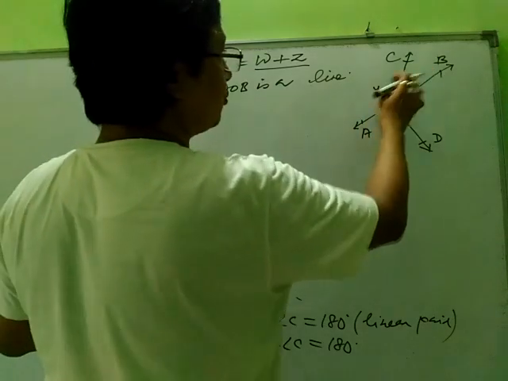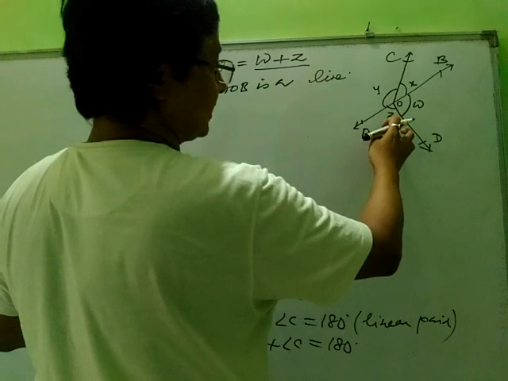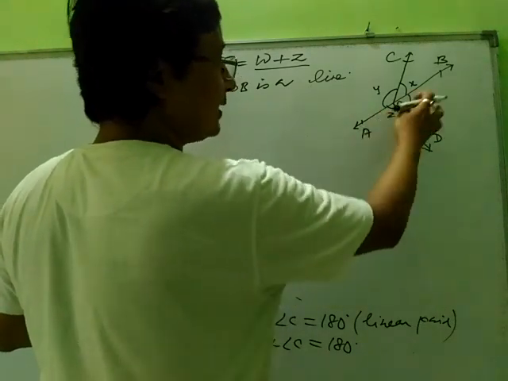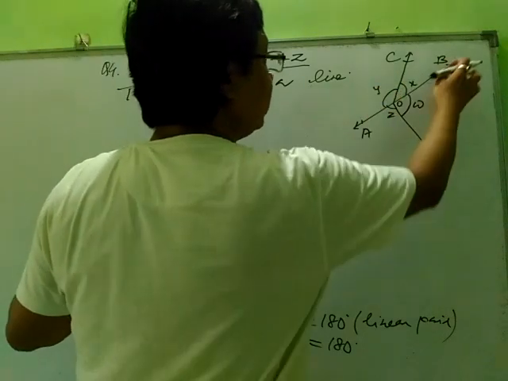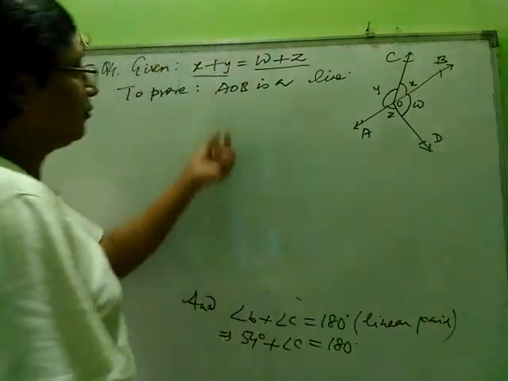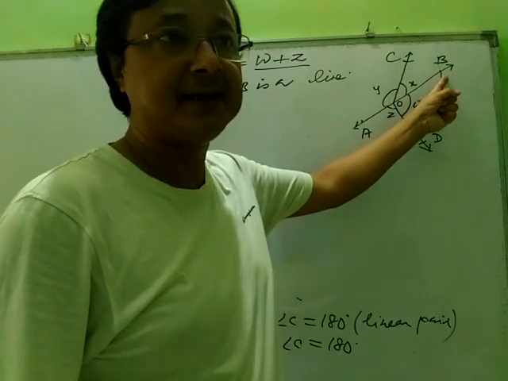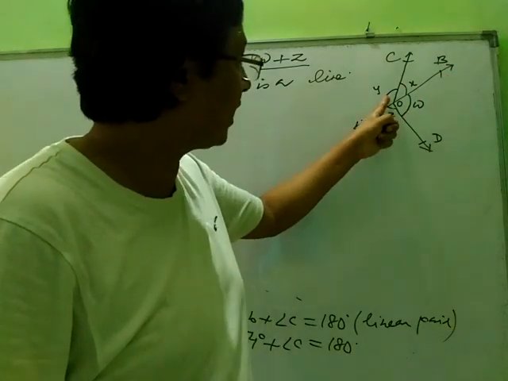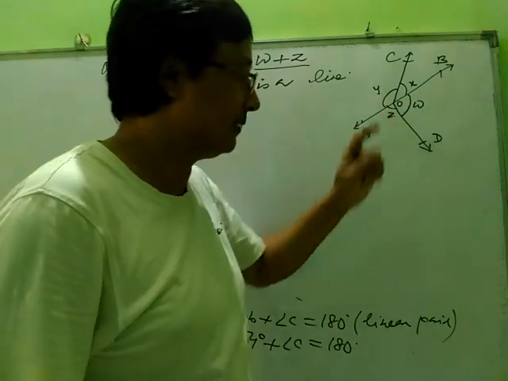So the sum of these two angles x plus y will be equal to w plus z, because these are two adjacent angles. This is another pair of adjacent angles on either side of the line AB. Now, for AOB to be a straight line, you will have to show that the sum of the angles, either x plus y or w plus z, is 180 degrees.